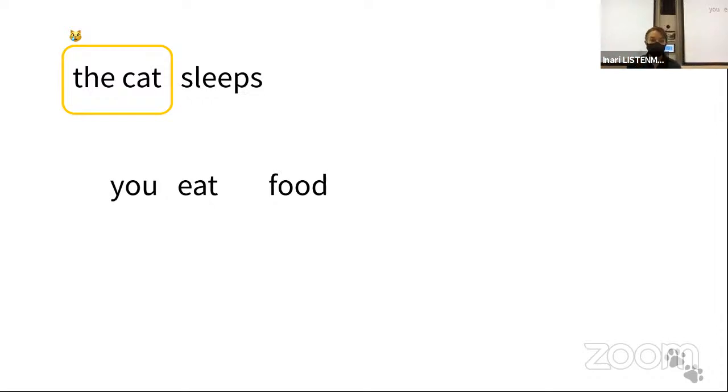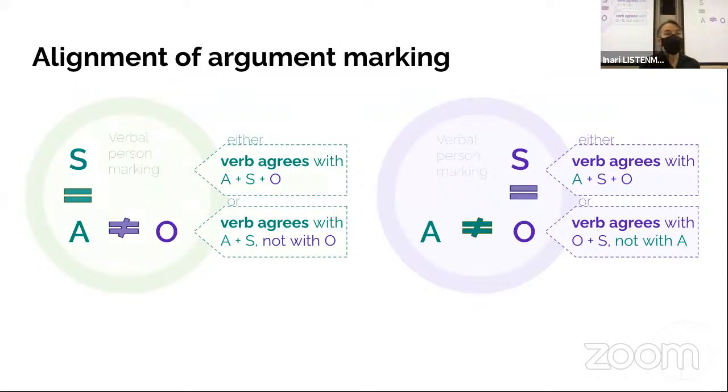I'm sure you can pull out VerbNet and show me a bunch of frames where this happens, but if we look at this purely syntactically, the subject doesn't appear with agent, because it's either an intransitive which takes a subject, or a transitive which takes an agent. So this subject, this cat, can do whatever it wants. It can be marked or unmarked independently of agent and object. So this is the alignment of argument marking.